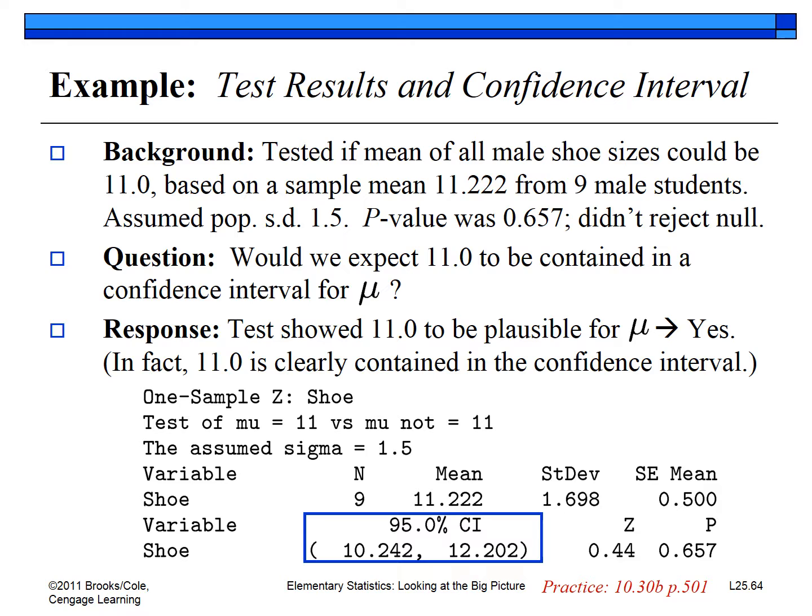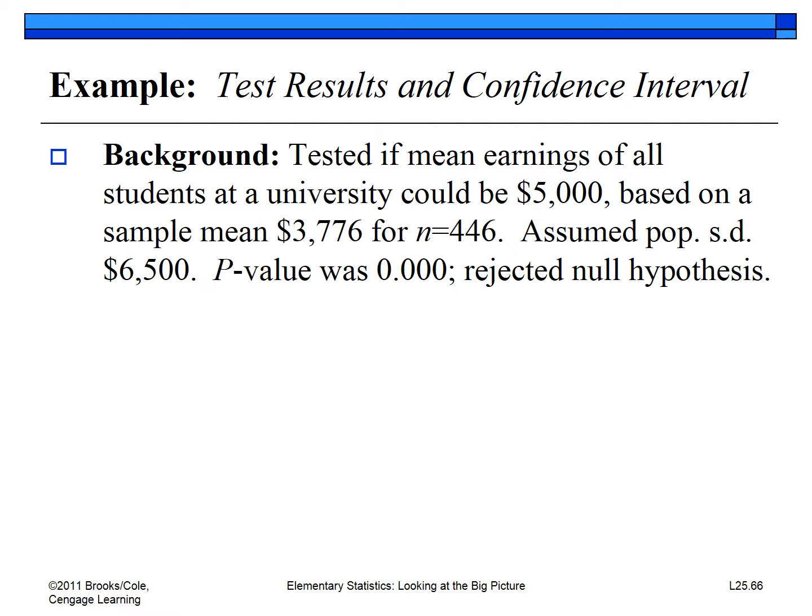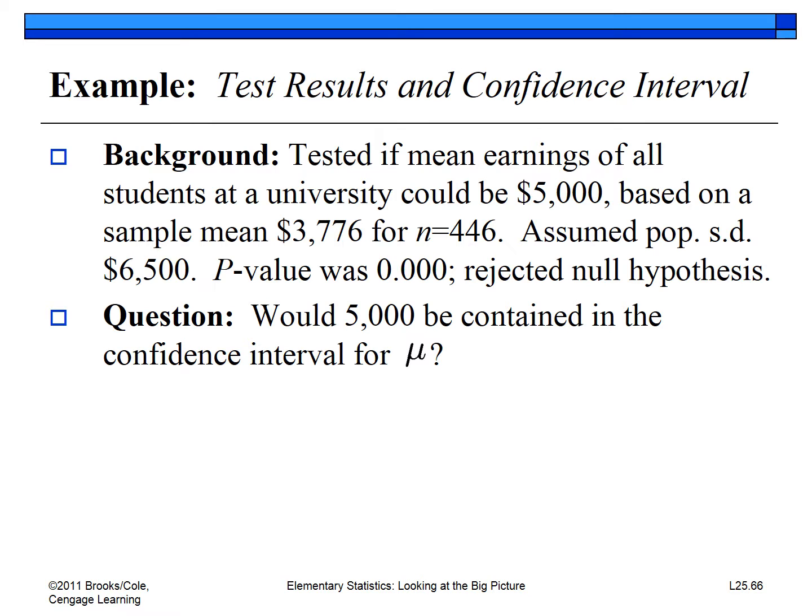The confidence interval goes all the way from 10.2 to 12.2. In the previous example, when we were looking at sample earnings, we got a p-value of 0.000 to 3 decimal places, and we rejected the null hypothesis. Do you think 5,000 would be in that confidence interval? Absolutely not.